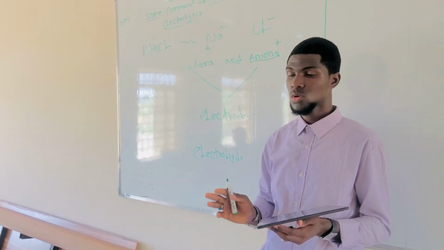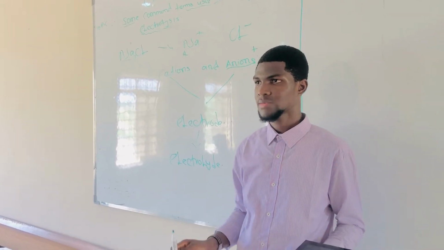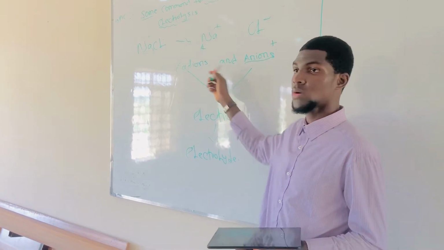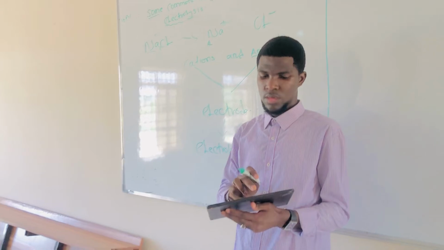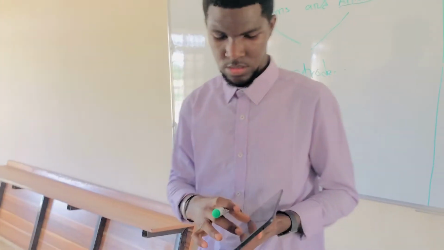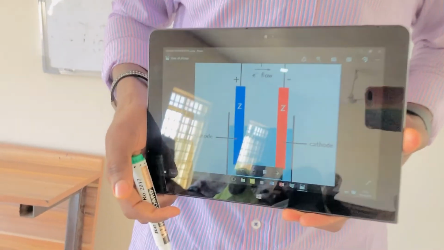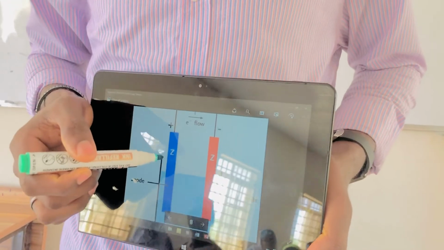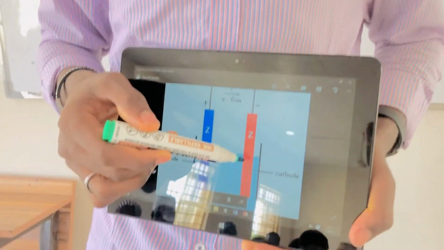This diagram will show you how electrons usually flow, from where they start, and show you the location of the electrodes, the electrolyte, the cations and the anions. Here with me I have the diagram. This is a simple electrolytic cell. This is the anions, right? And this one is the cations, right?